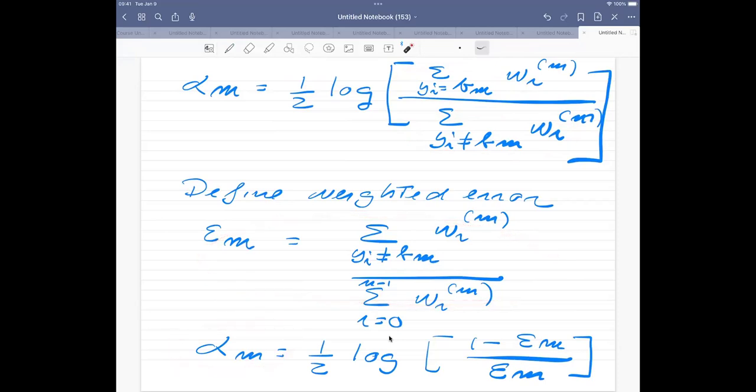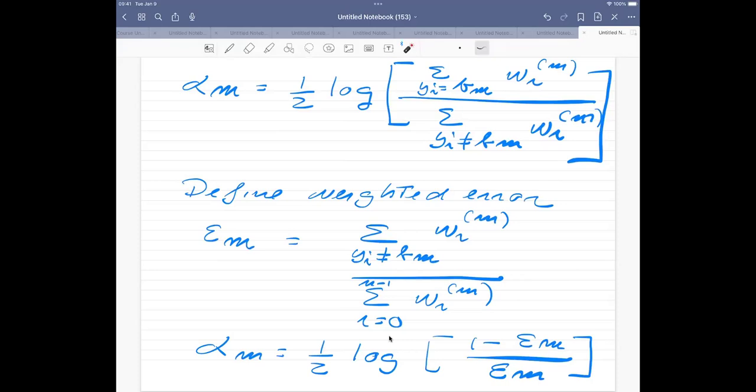To implement this, we would start with a guess for this function, as we called it, and that could even be set to 0, which is often the case. Then in the next iteration, we call our weak classifier. We find out which ones are correctly classified and wrongly classified. When we have that, we can set up the function alpha of m.